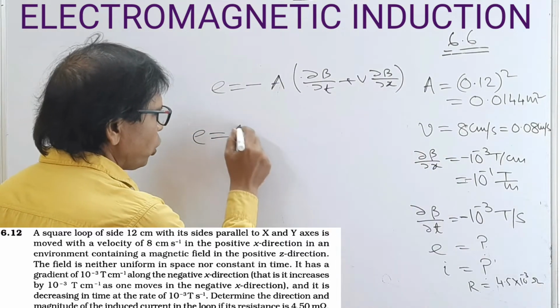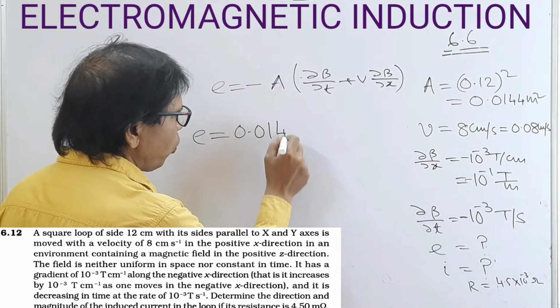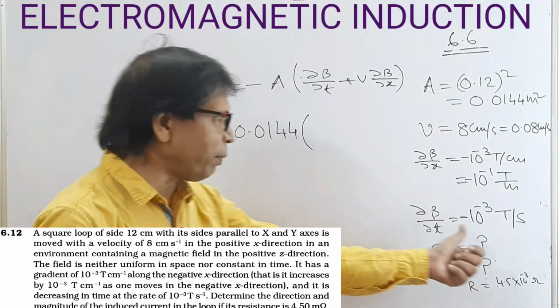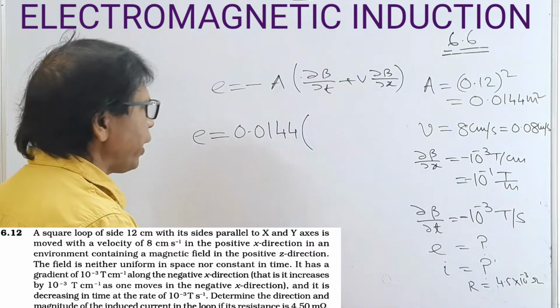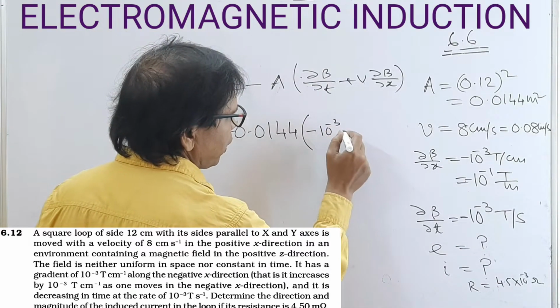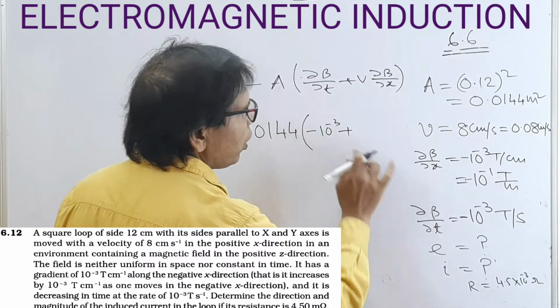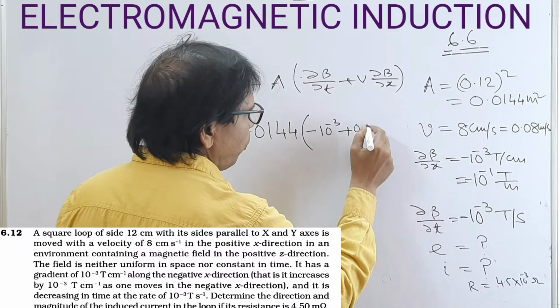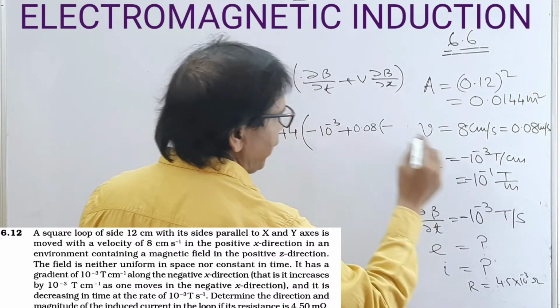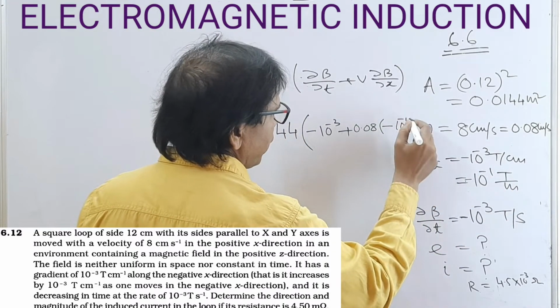So look at this. E equals minus A, A equals 0.0144. Now del B by del t equals negative of 10 to the power minus 3, plus velocity 0.08 into negative of del B by del x, 10 to the power minus 1.